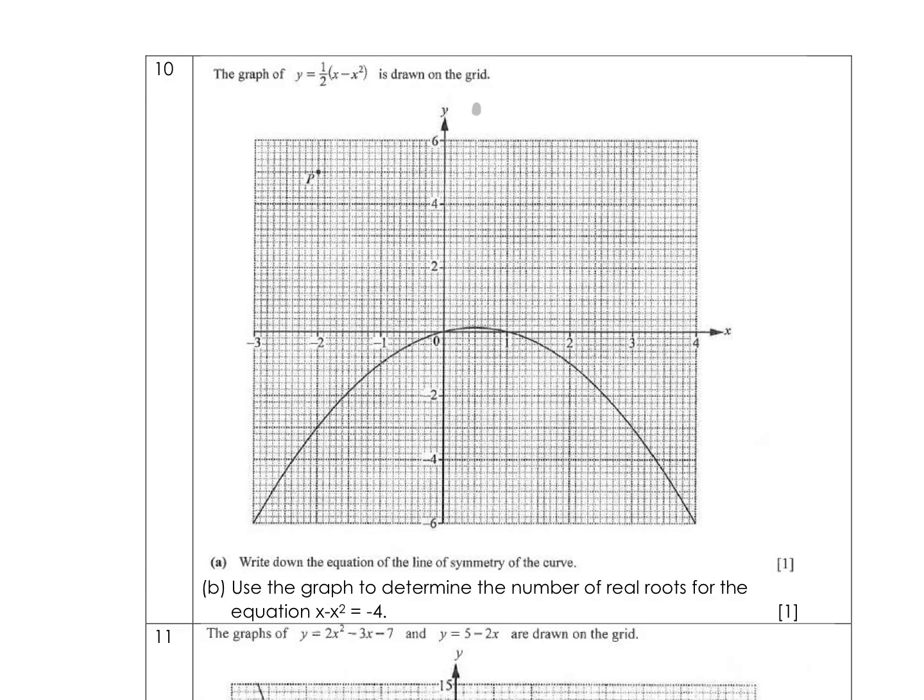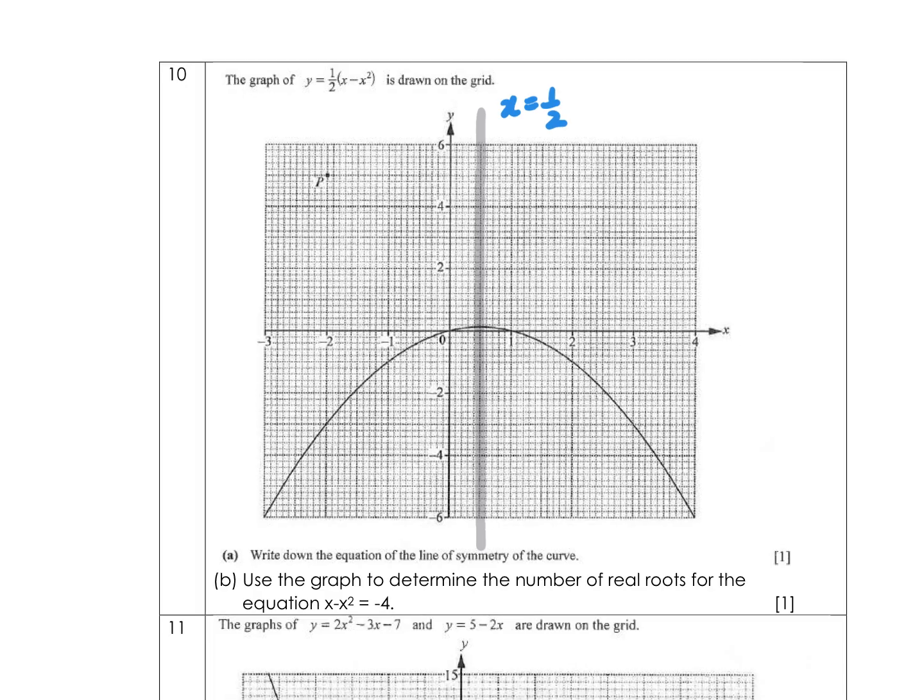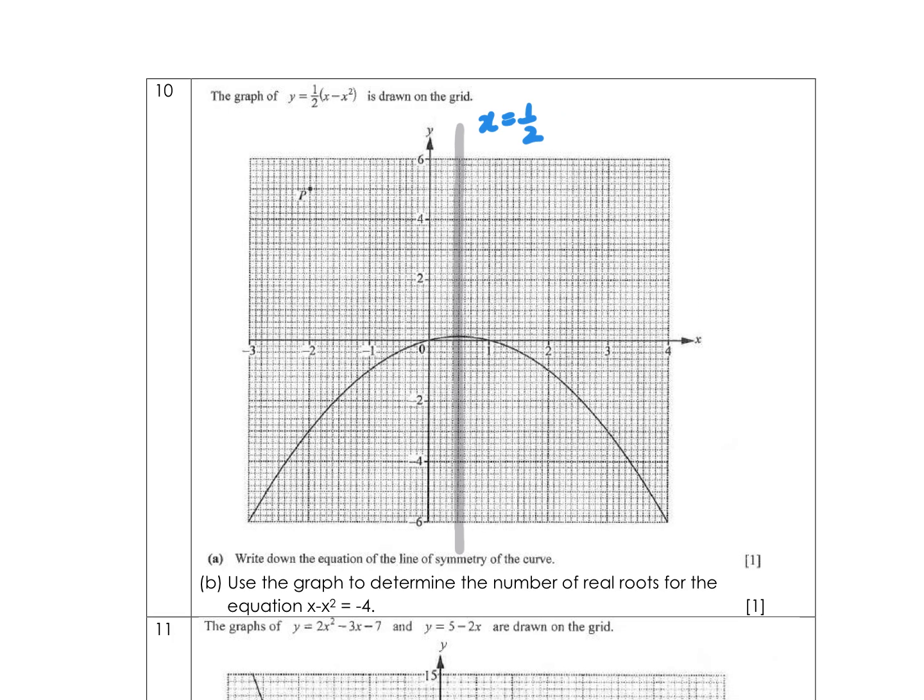Okay, so it is here. Okay, so if you read from the diagram, it is just x equals half. But some of you say, oh, how can you be so sure it's exactly there? Is there a way to be very, very sure? The answer is yes. You need to find your x-intercepts. So when you want to find the x-intercept, you sub y as 0. And then you try to solve it.